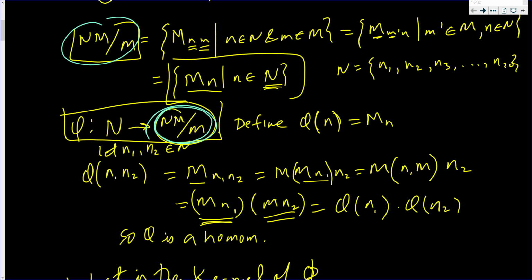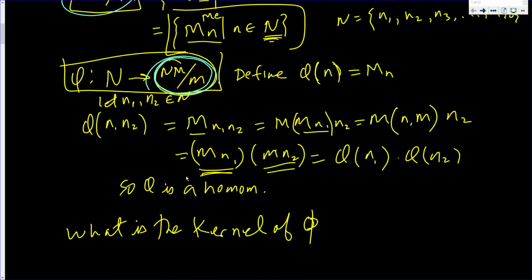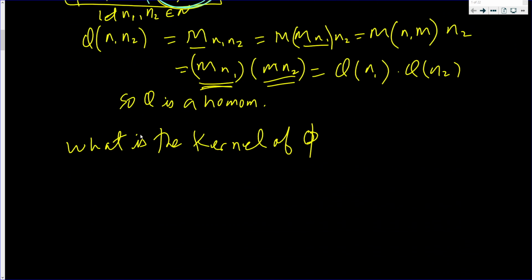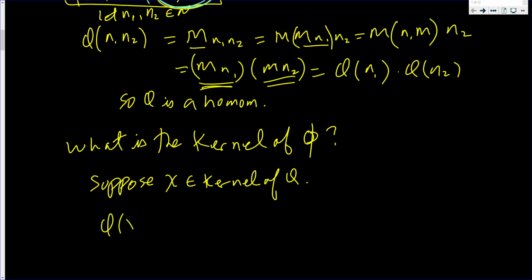And N is a subgroup. The identity is going to be Me. What is the kernel of phi? Suppose x is in the kernel of phi. On one hand, phi of x is equal to Mx. On the other hand, it is equal to Me.